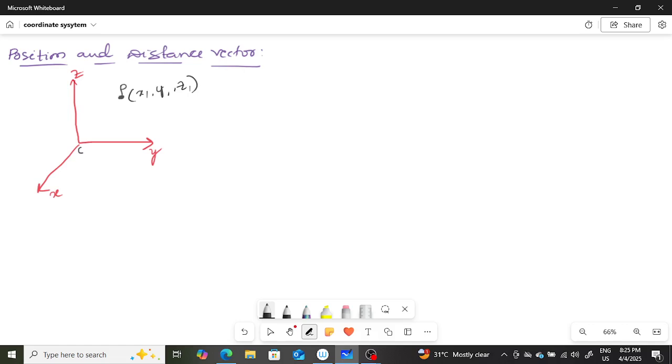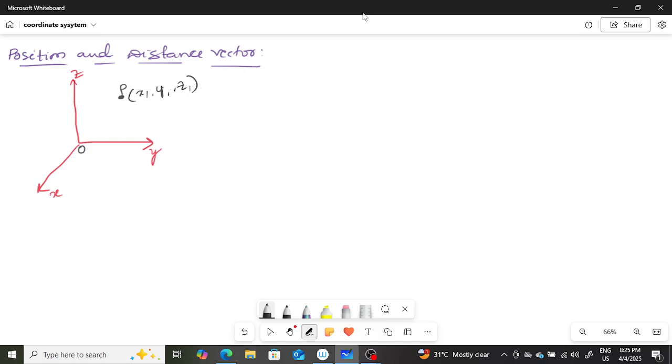This is the origin O. If I draw a line from the origin to point P, that is nothing but the r vector along the direction OP.